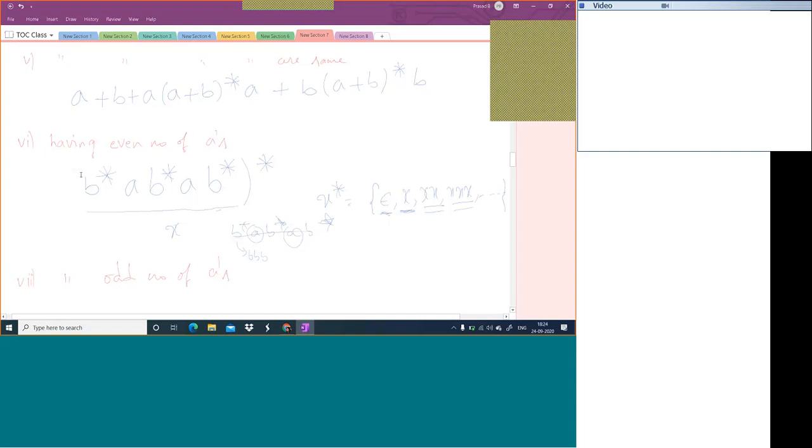If I write this bracket here, then I want only B's. So from B star you take only B's, say 1 B or 2 B's or 3 B's, and from this you take epsilon, then you will get only B's. So this is a perfect answer for having even number of A's.